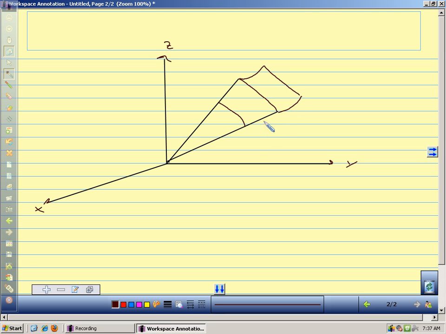And so there's my little spherical volume element. This distance here we're going to call delta rho sub i. So I'm just going to label all my parts here. Delta rho sub i. This arc in here is going to be rho sub i delta phi sub i.